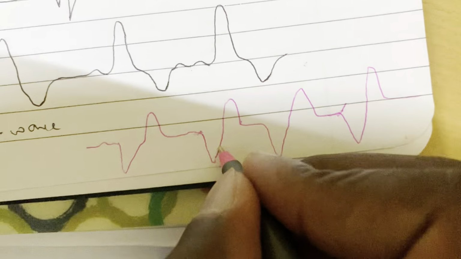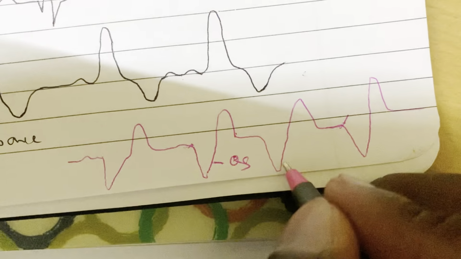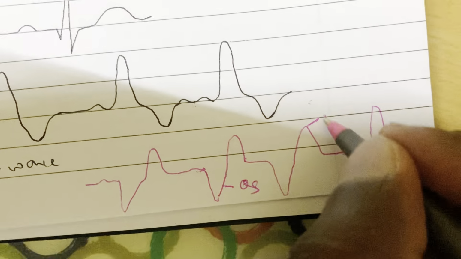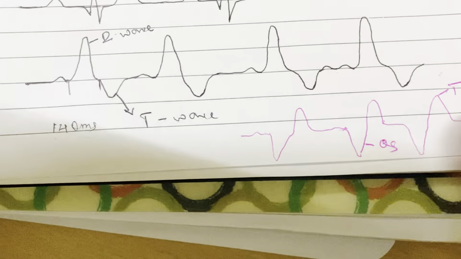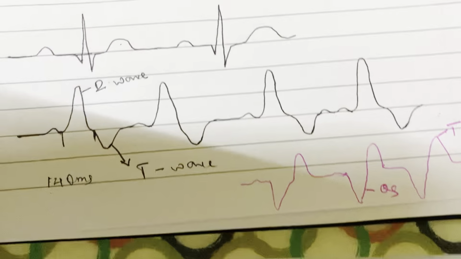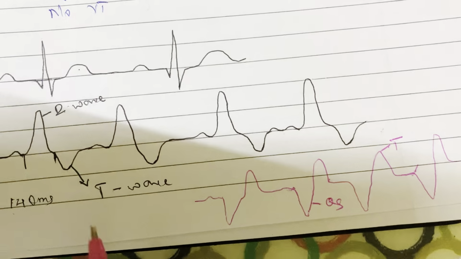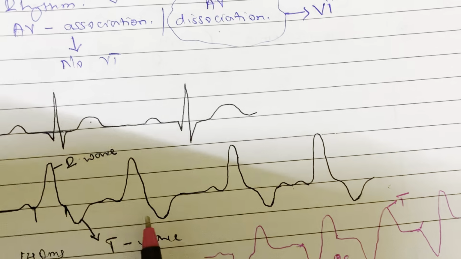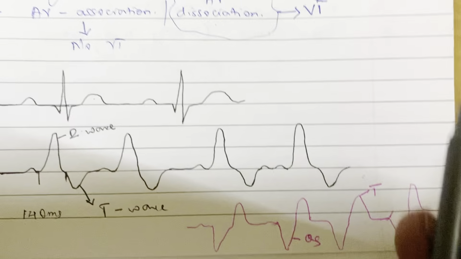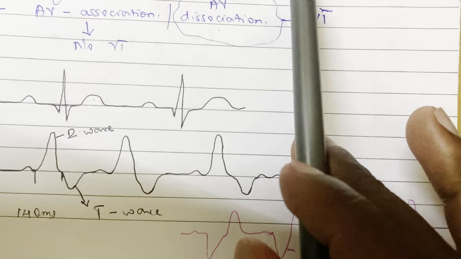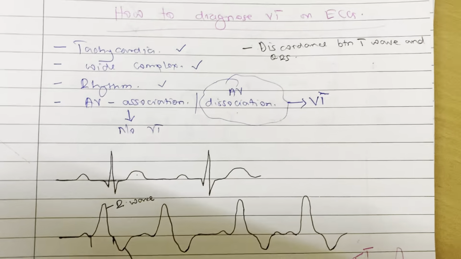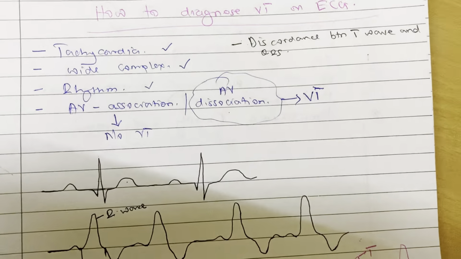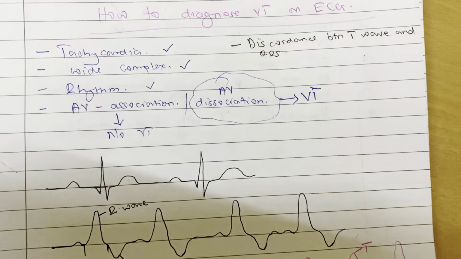This is the QRS complex and this is T. So it will appear like this always if the rhythm is from the ventricles. So after confirming this discordancy, this is what I mean, they are in opposite direction. Discordancy means they are in opposite direction. Then you check the rhythm.